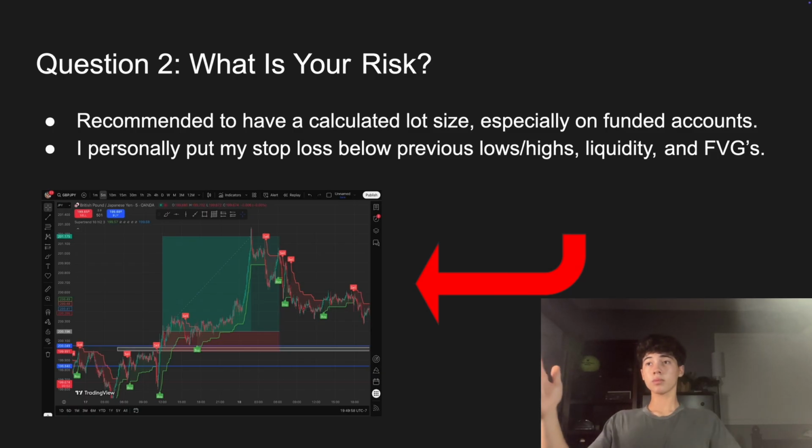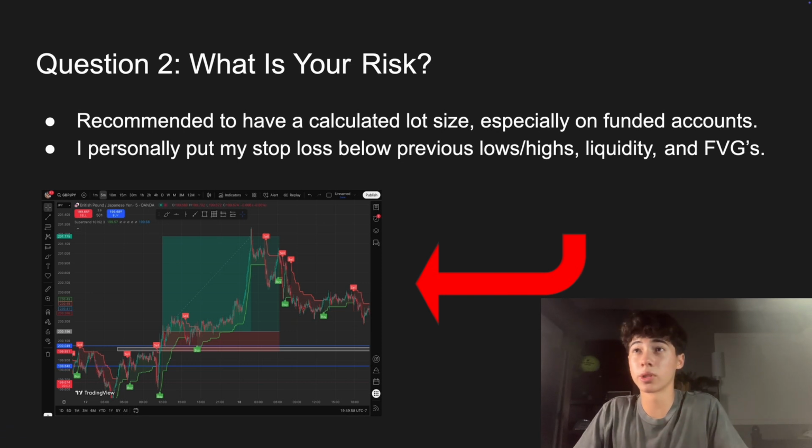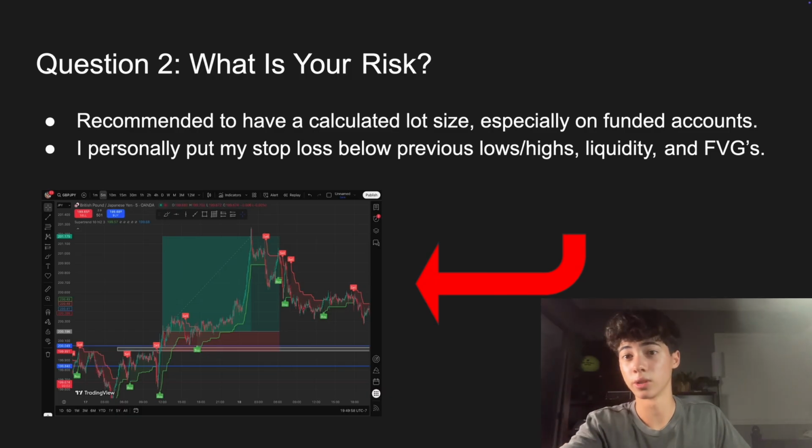Enough about that. Second, I personally put my stop loss below previous lows and highs, liquidity, and fair value gaps. As you can see in this picture, there's an example of this. Here's a fair value gap that I drew out on the 1 hour time frame, that gray box or rectangle you see here.